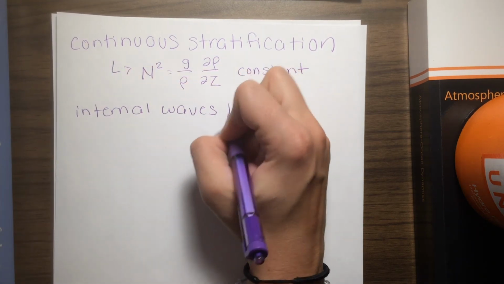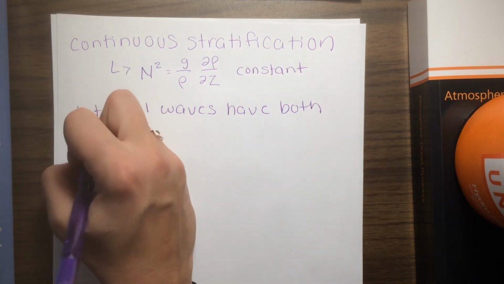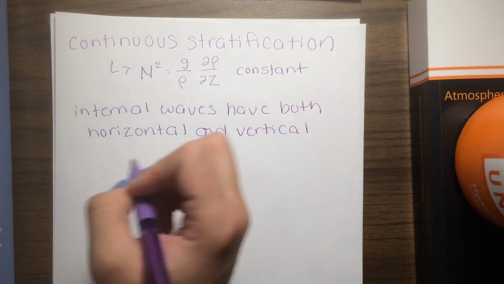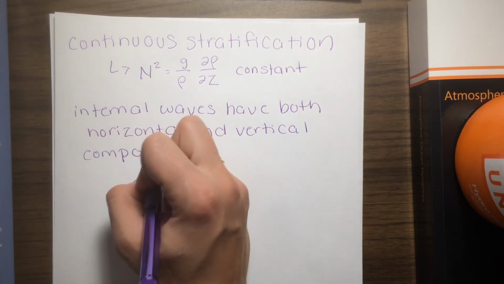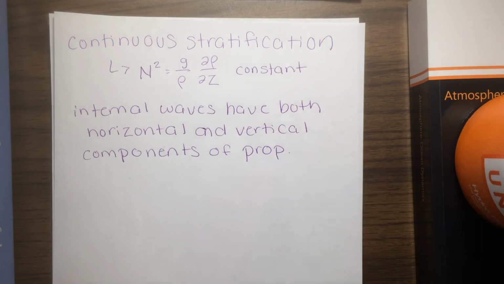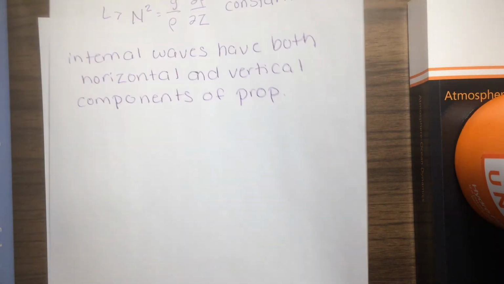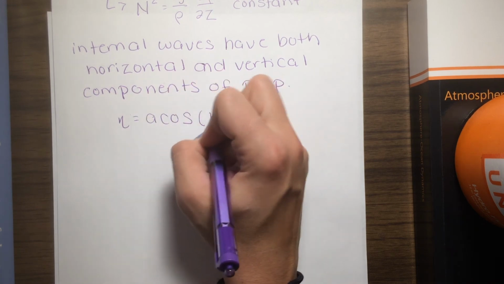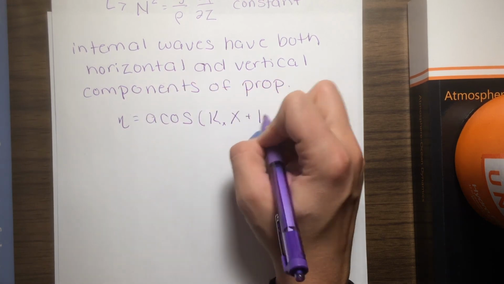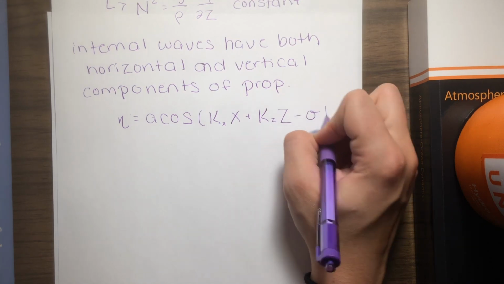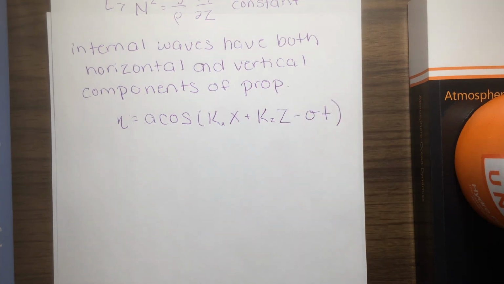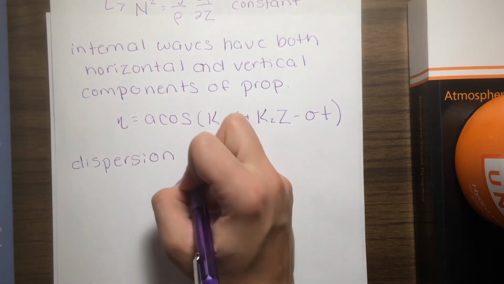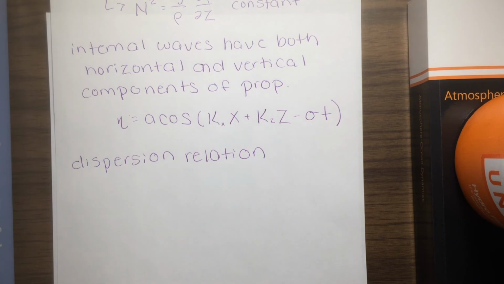We now find that internal waves have both horizontal and vertical components of propagation, and our equation for instantaneous displacement will now also have horizontal and vertical components. The dispersion relationship for internal waves is written as below.